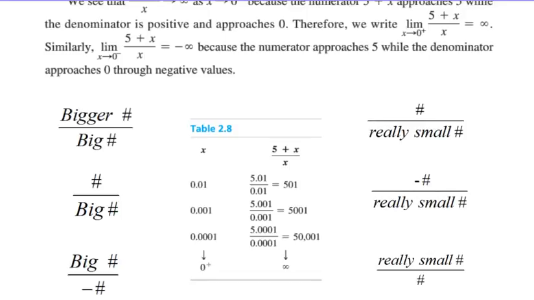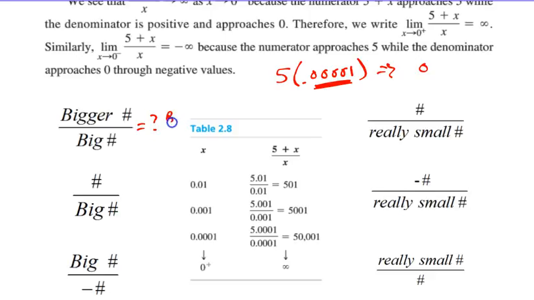This is kind of a concept that comes up every once in a while. If you have a number like 5 times a really, really small number, that will go to 0. If this gets infinitely small, then this number approaches 0. A bigger number divided by a big number, not really sure what that does.